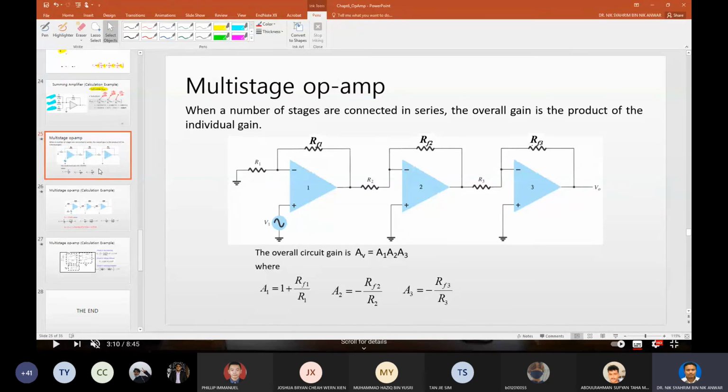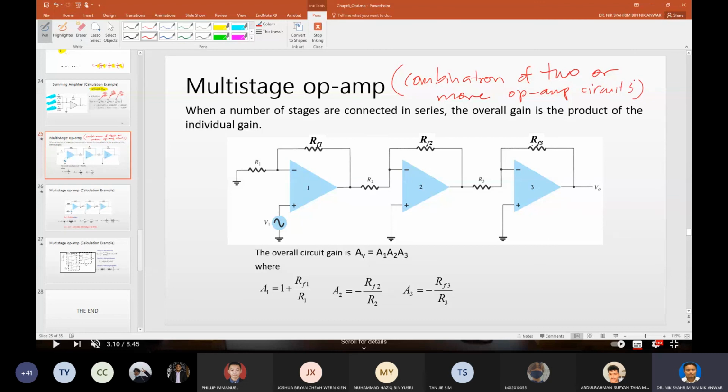So a multi-stage amplifier is just a combination of 2 or more op-amp circuits. Okay, so don't be afraid by the name.